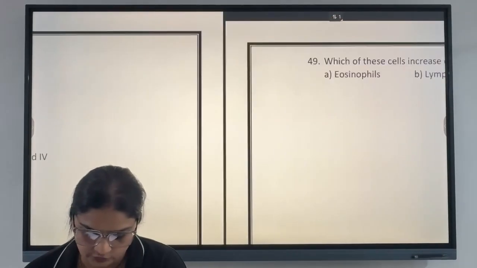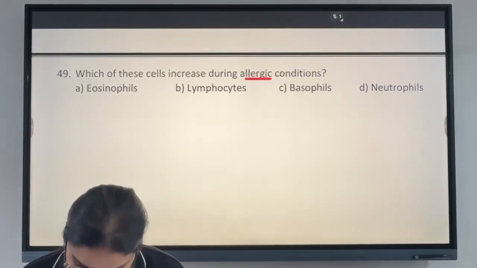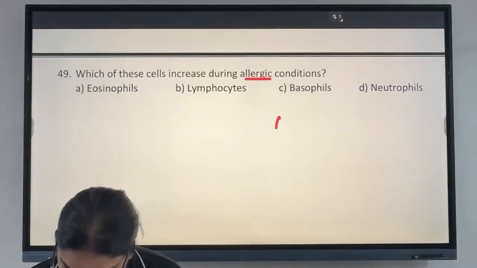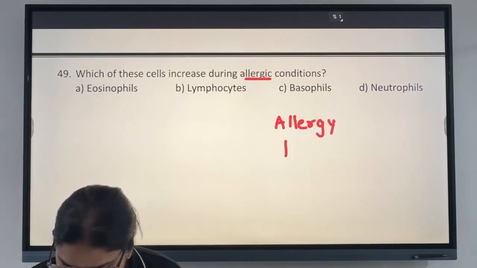Going to the 49th question. Which of these cells increase during allergic conditions? Allergy is a result of too much histamine.